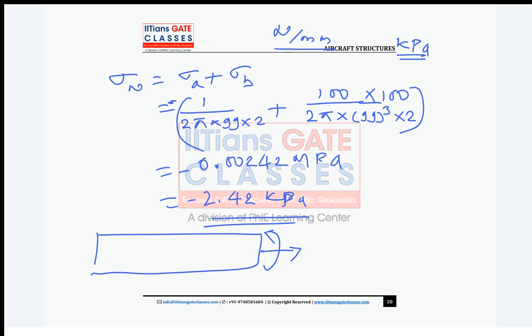Sigma bottom will be maximum. Good. Now, guys, another case. The load is like this, and the bending is given like this. Where will it be maximum? Sigma top will be maximum.